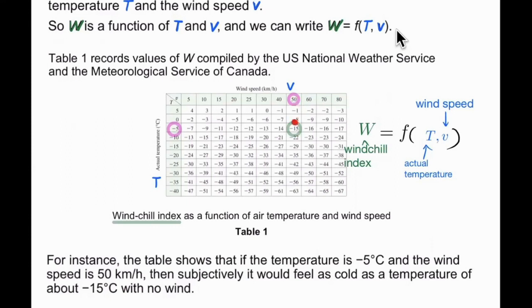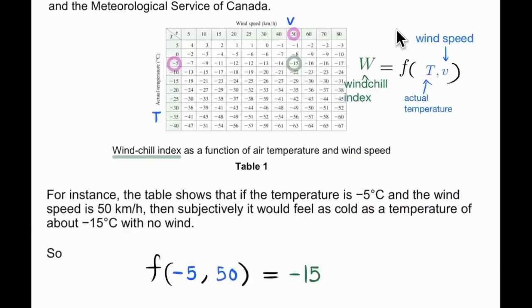So you feel much colder than this actual temperature. So the function value when T is equal to -5 and V is equal to 50 is equal to -15.